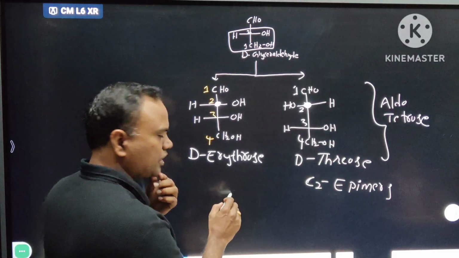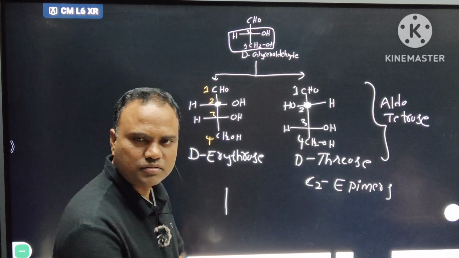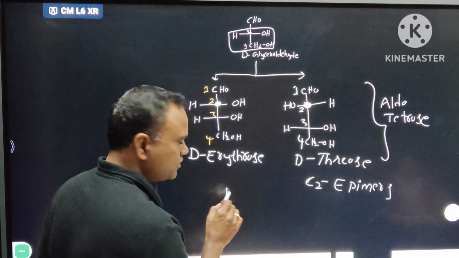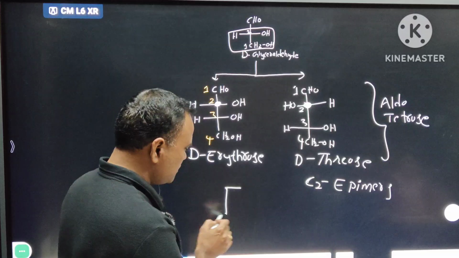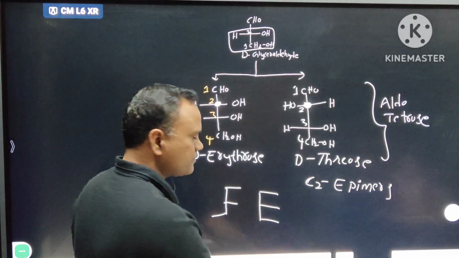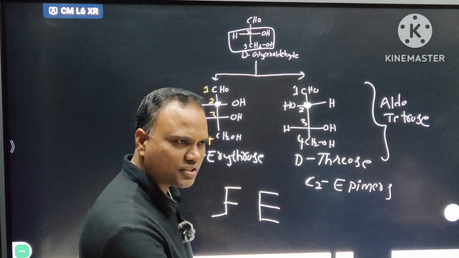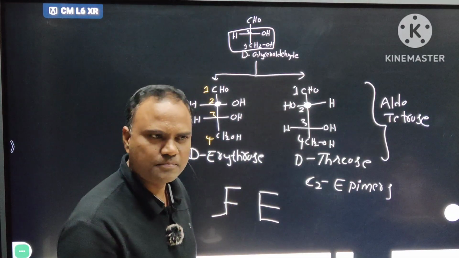You see the alphabet, capital E. How to write capital E? Are the horizontal lines on the same side or the opposite side? Horizontal lines are on the same side only. In erythrose, similar groups are on the same side.